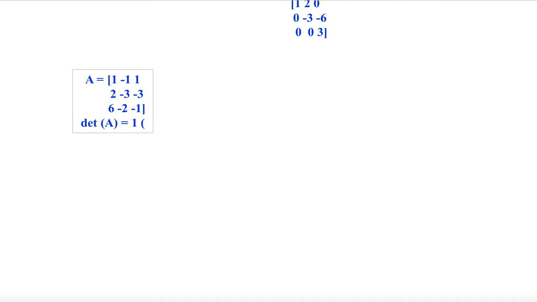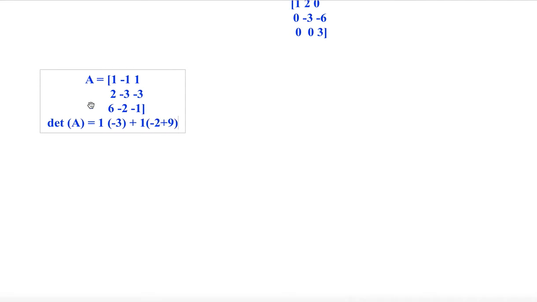Determinant of A equal to, let's quickly find out. 1 into, this is what, 3 3, 3 minus 6 minus 3. Okay, right, plus 1 into, no, 1 into, I'm going along this line to find the determinant, minus 2 minus 2 plus 9.